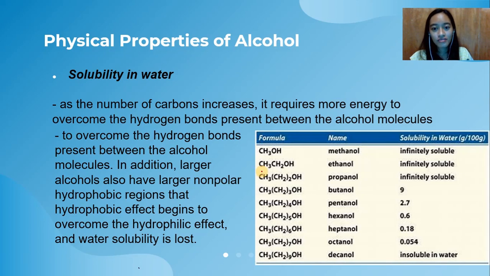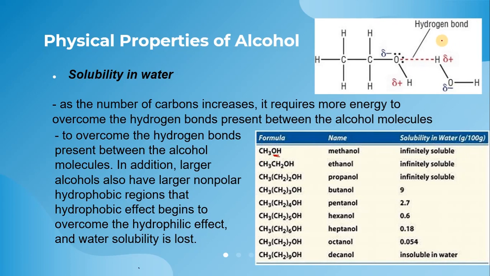So, alcohols have this OH structure, this part. The water also has OH. You remember, we have two lone pairs, and this is more technical, but you don't really have to know it. The OH has extra electrons. You still remember the lone pairs? So these are attracted to the water molecule, and it forms a hydrogen bond.